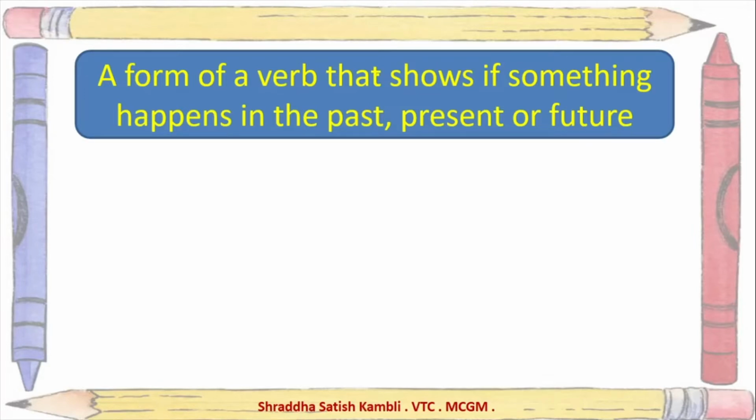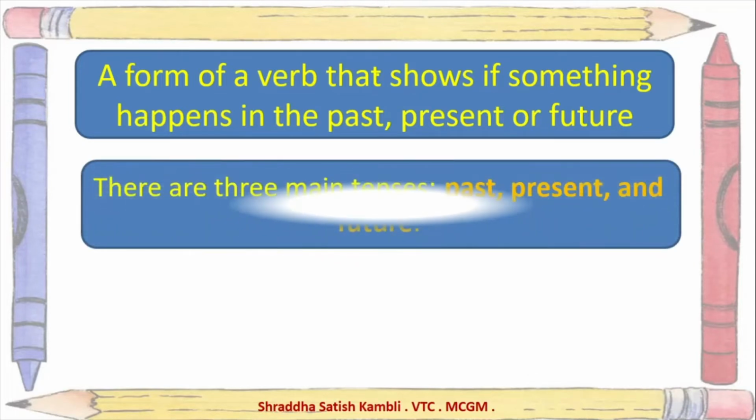Okay, that is when you talk about a particular action, whether the action is happening right now or whether it has already happened or whether it is supposed to happen or it is planned to happen somewhere in the future at a later date. So a tense is a form of a verb that shows whether something has happened in the past, in the present or the future. So this is the meaning of tense for you.